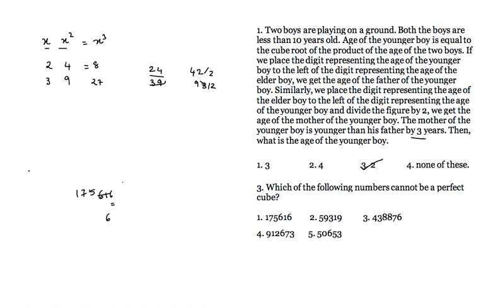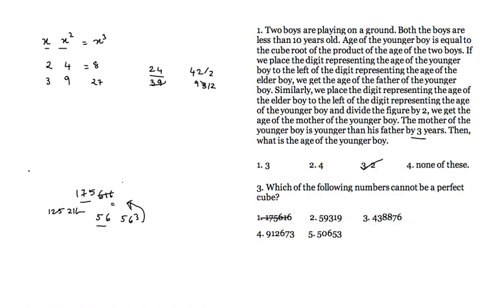And now we'll forget the last three digits. 175 lies between 5 cube and 6 cube. So this has to be the smaller one, 5. So then I will find out 56 cube and see whether that is equal to 175616 or not. That's one way of looking at it. Clearly it is, so the first one is a perfect cube.